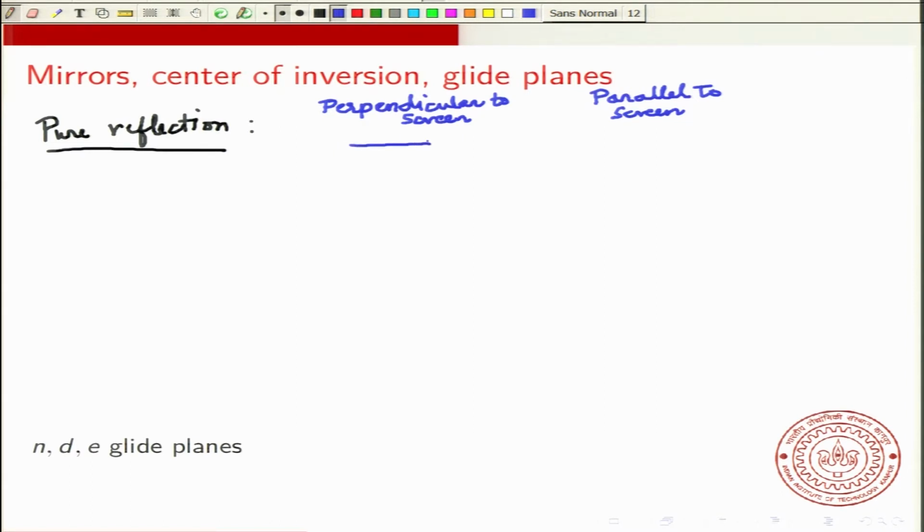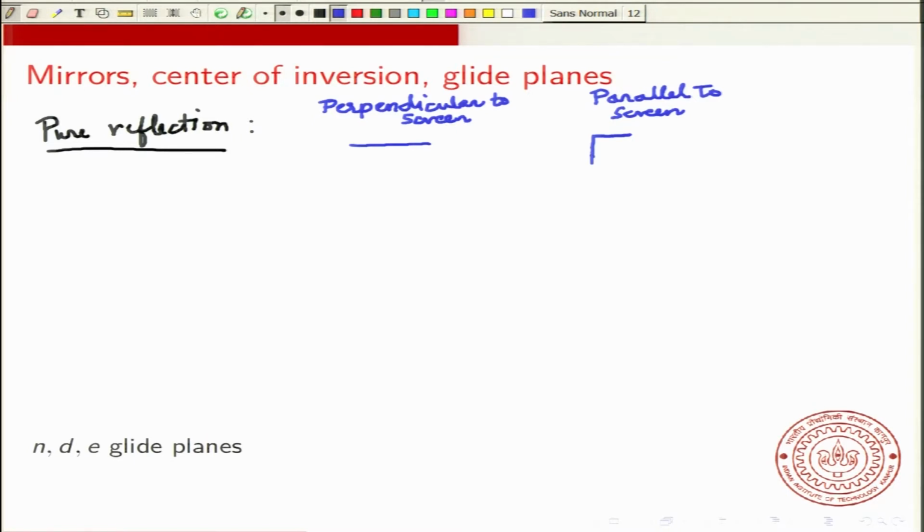A solid line is the symbol for a mirror that is perpendicular to the screen. If it is parallel to the screen, then usually you draw lines along the crystallographic axis, so this indicates a reflection that is parallel to the screen.